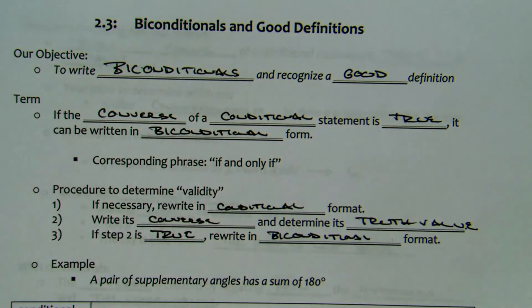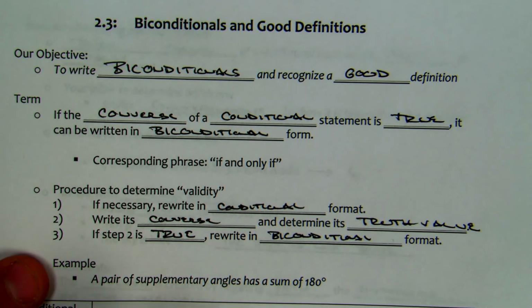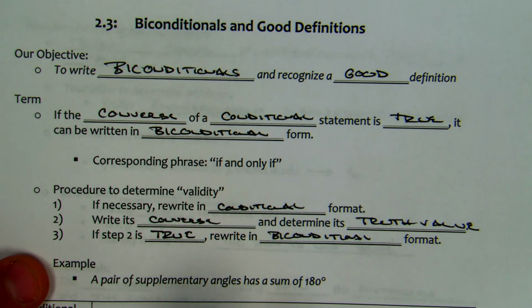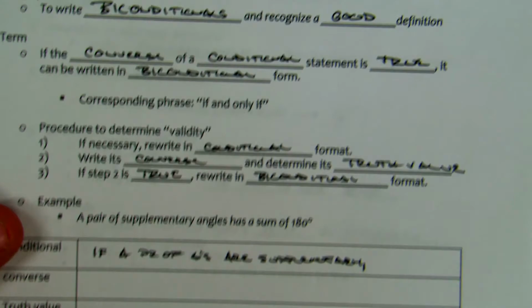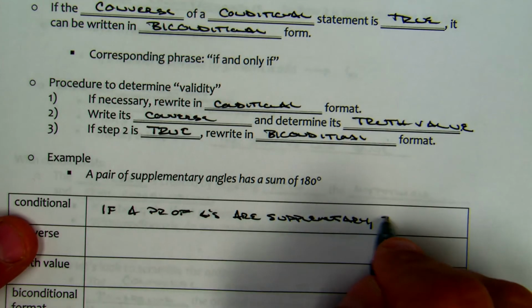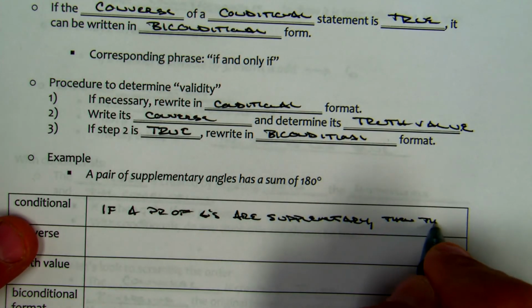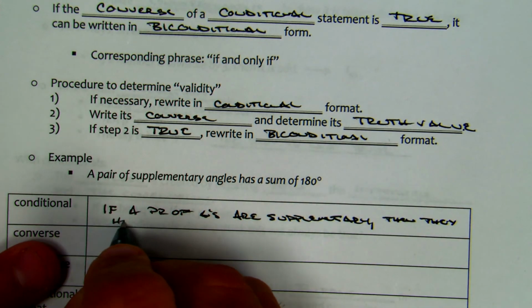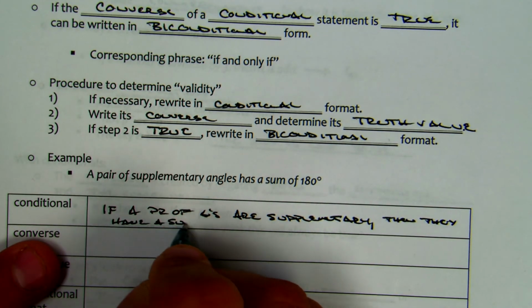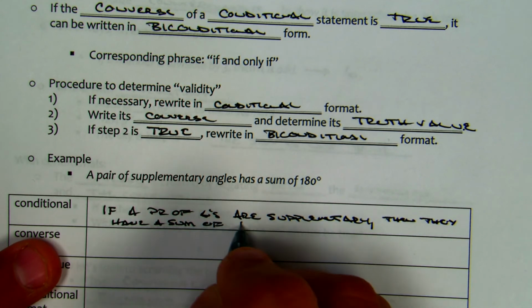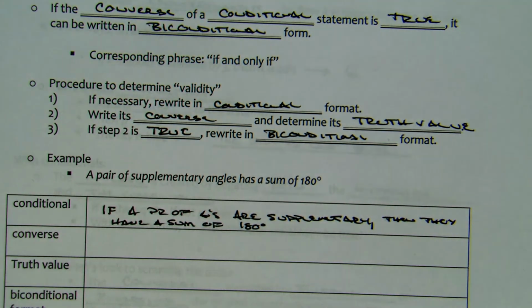All right, so a pair of supplementary angles has a sum of 180 degrees. If a pair of angles are supplementary, then they have a sum of 180 degrees.